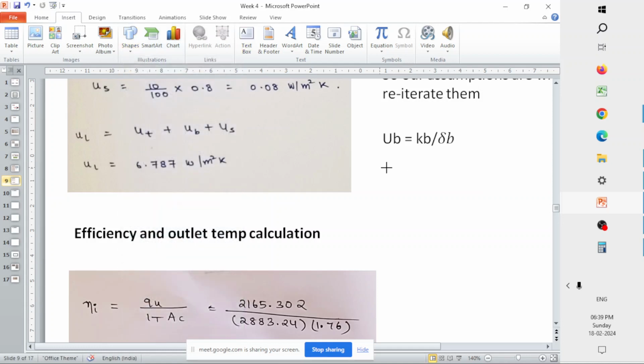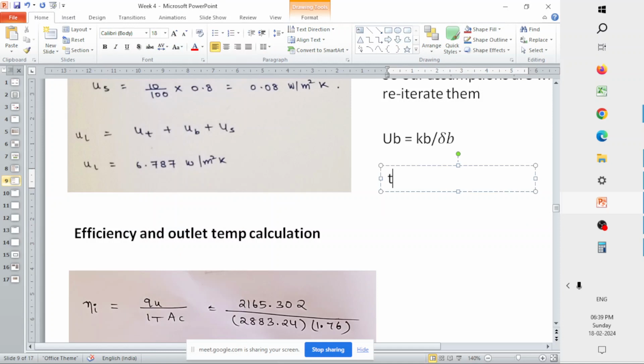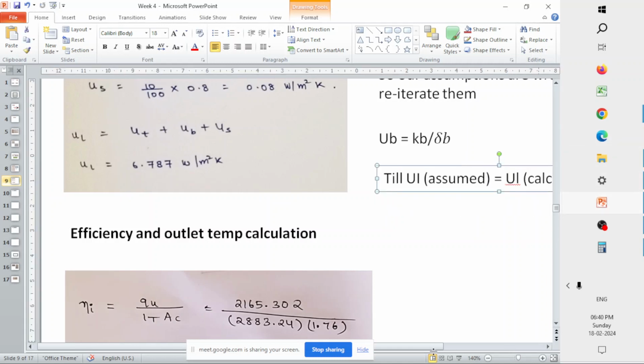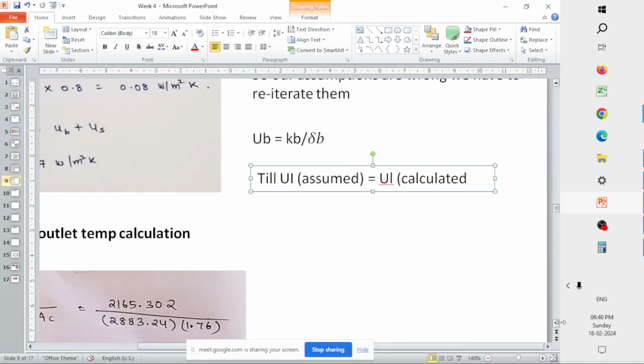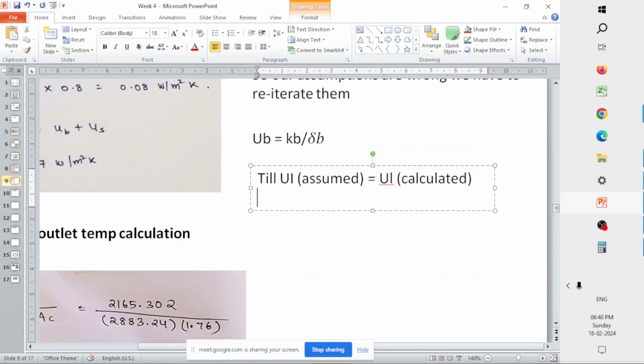Let me write that: till UL assumed becomes equal to UL calculated, repeat the iterations.